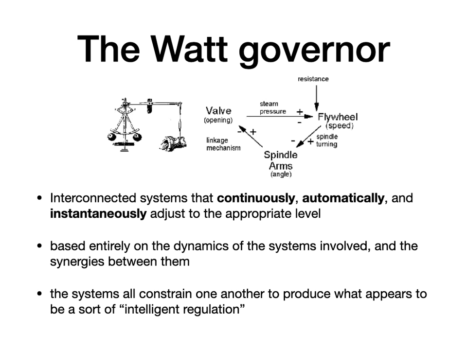It's based exclusively on the dynamics of this system and the synergies between them, right? The different parts of the system all constrain each other to produce what seems to be intelligent regulation, right? It seems like, oh, it's able to adjust and keep track. Haha. It's literally a spindle arm that connects a flywheel and a valve. Interesting. So sometimes a very, very simple entity embedded into a system can produce very complex behavior.